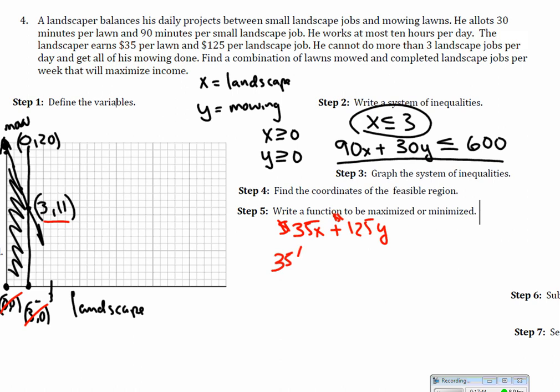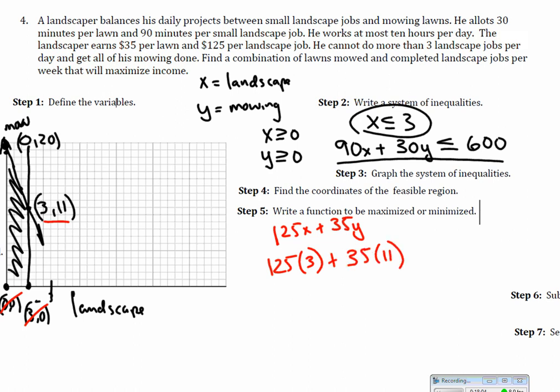So it kind of boils down to, oh, I flipped that around. Should be 125x plus 35y. Anyway, that's where I'm at. Sorry about my mistake. So 125 times 3 plus 35 times 11.